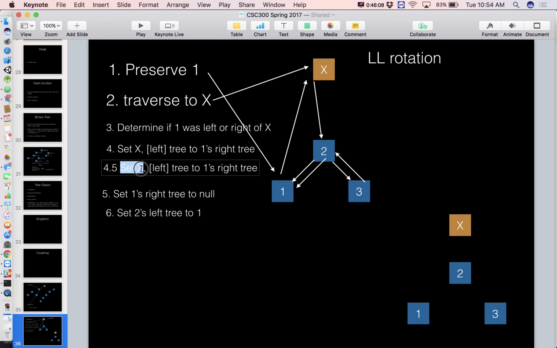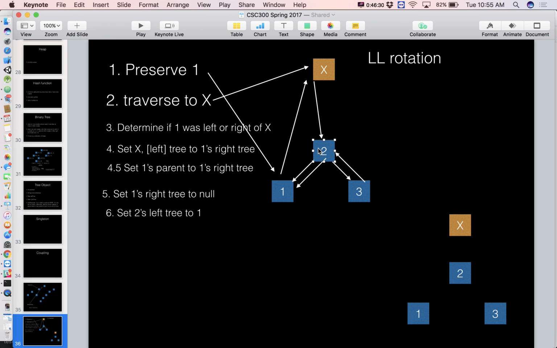So we're going to go ahead and set one's parent to one's right tree. So before I disconnect, one used to have a right tree to two.